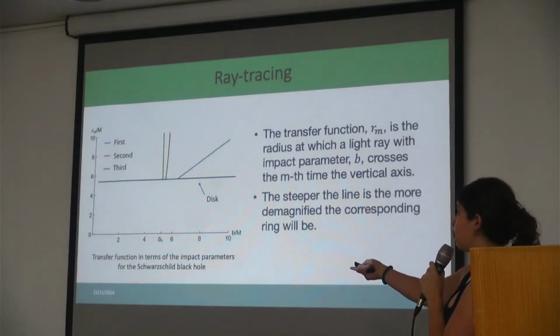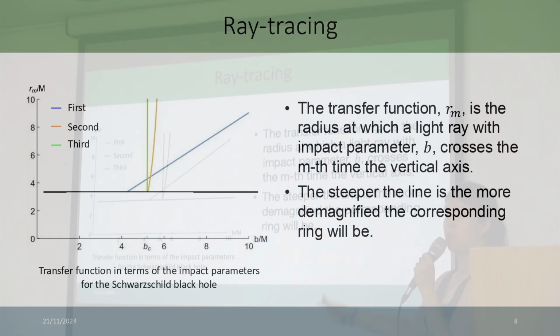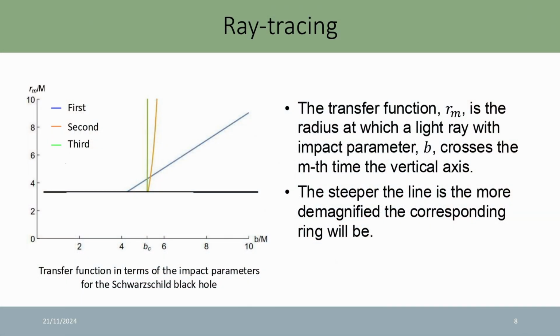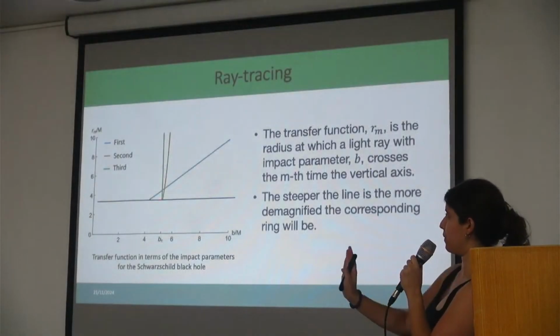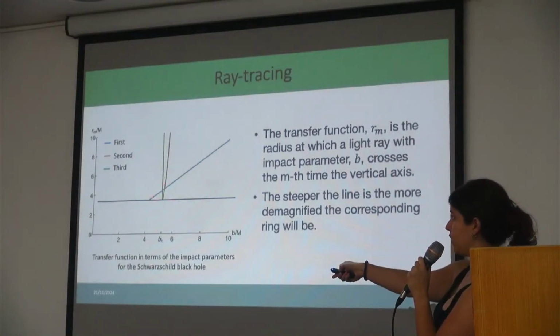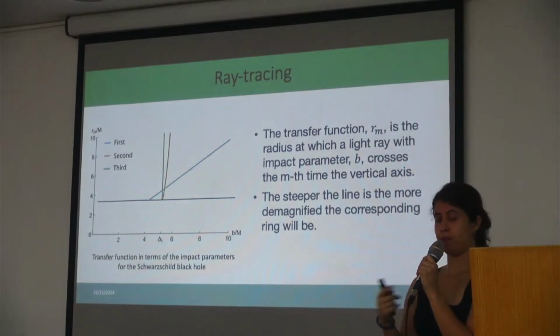But for example, if we change the position of the disk and we put it closer to the horizon, we can see now that there will be an overlap, because actually from the inner part, we can see still photons coming to us.